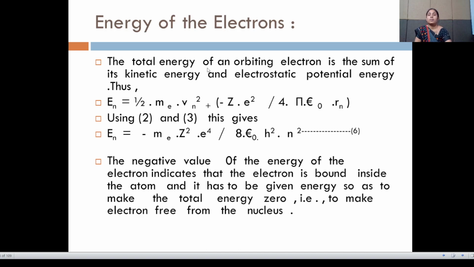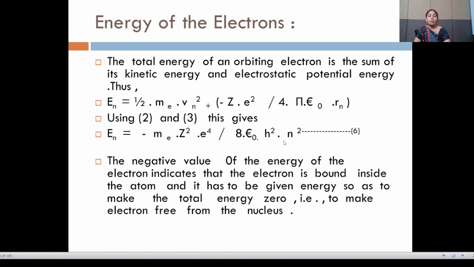Energy of electrons. The total energy of an orbiting electron is the sum of its kinetic energy and electrostatic potential energy. Thus En is equal to 1 by 2 m_e v_n square plus minus Z e square divided by 4 pi epsilon naught r_n.